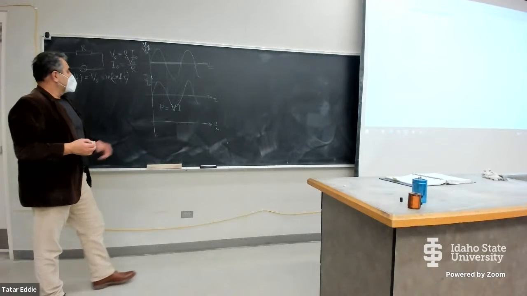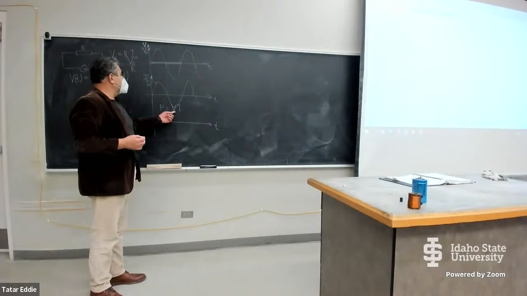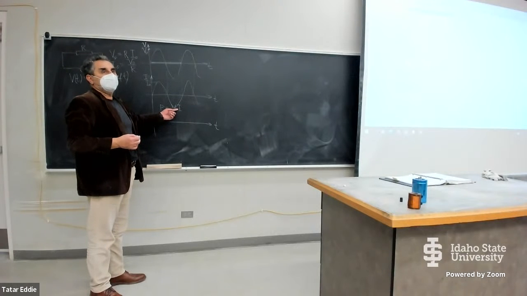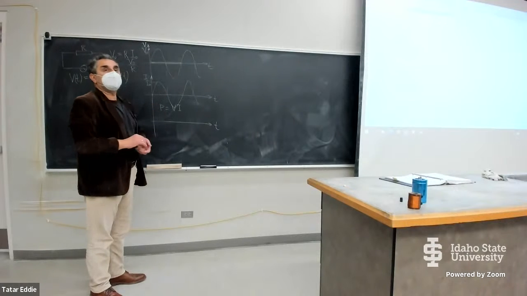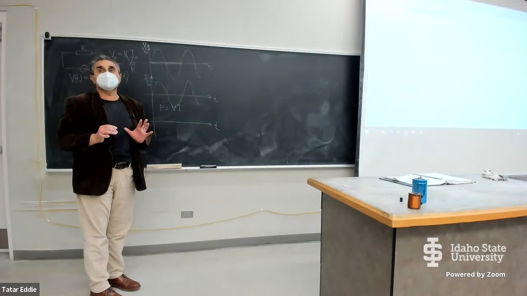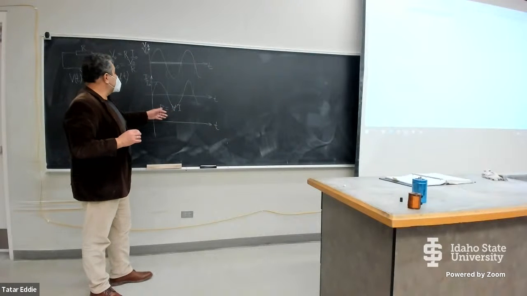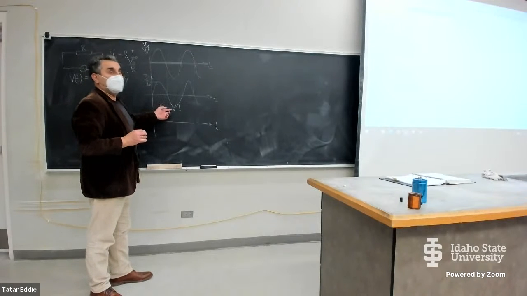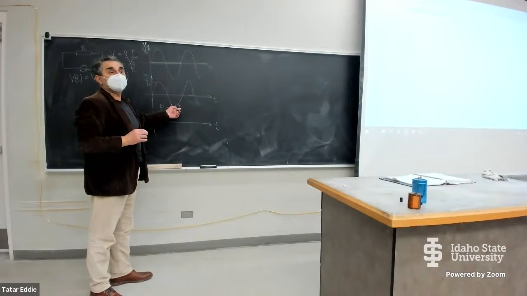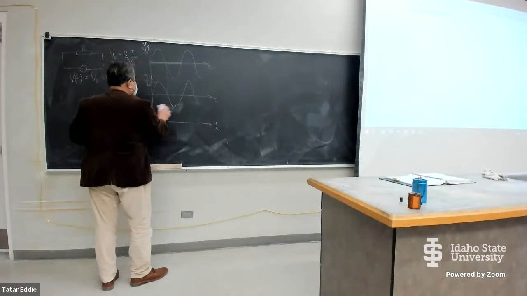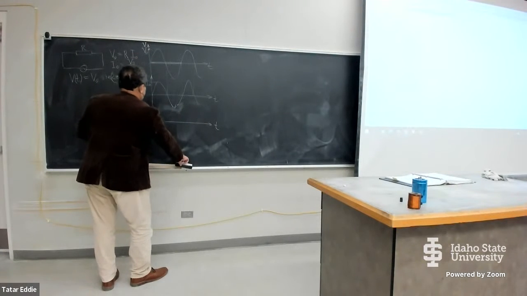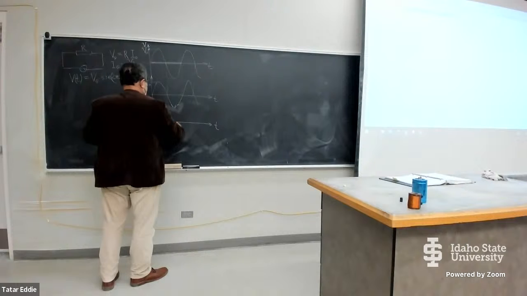So if you take the instantaneous value of the voltage times the value of the current at the same instant, multiply them, you have the power consumption at that instant. The average power consumption, of course, is going to be the product of the RMS value of voltage times the RMS value of current. And look, the power consumption is going to look like this.